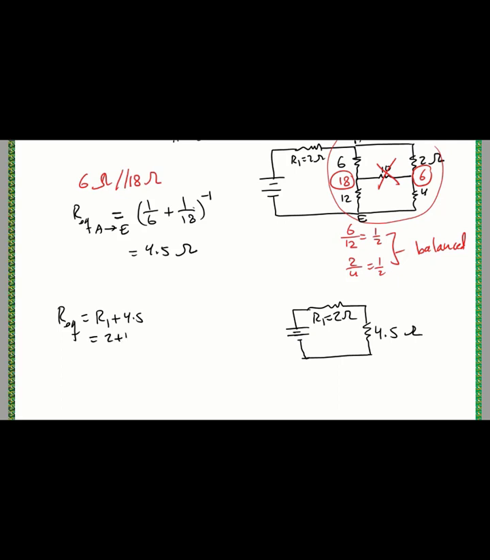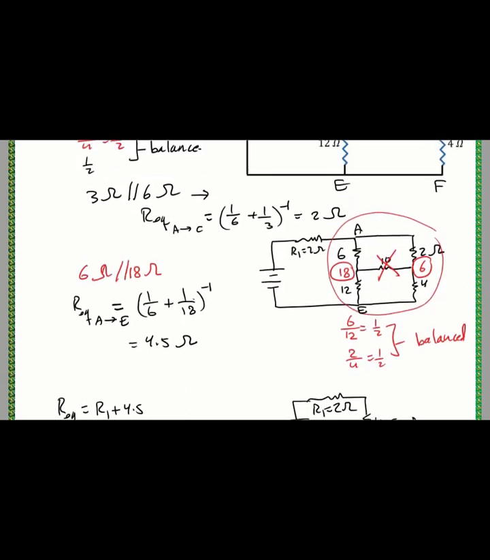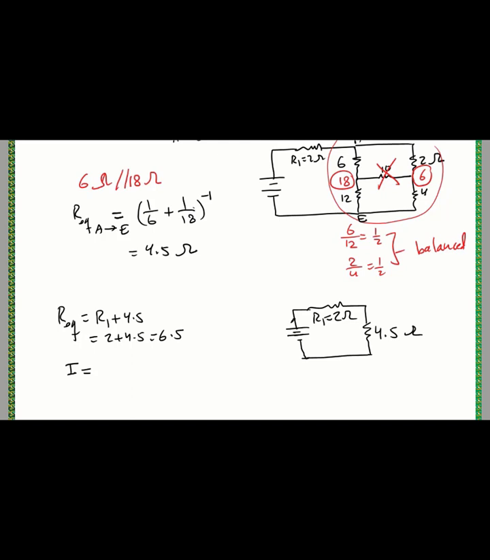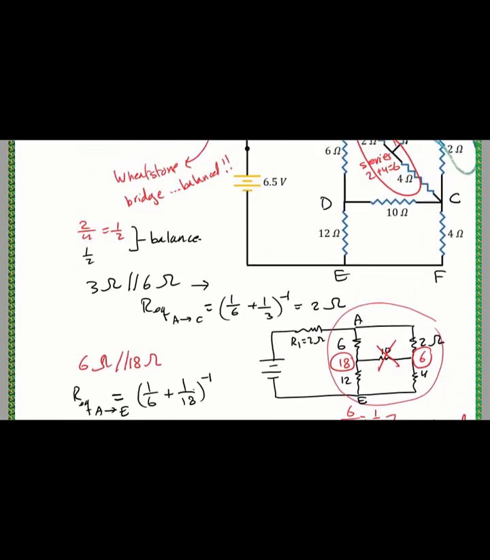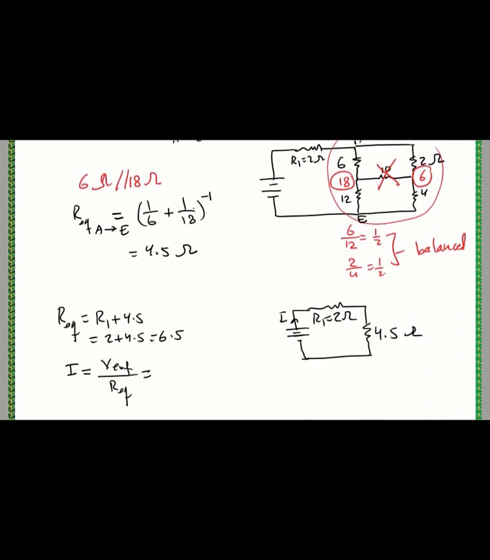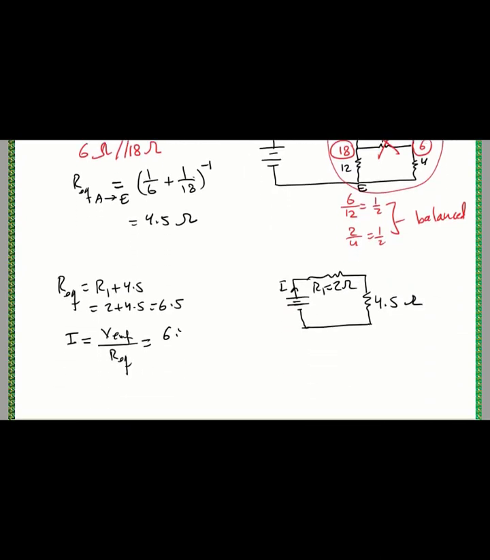It is 2 plus 4.5. It is 6.5. Now the current is EMF over R equivalent. The electromotive force is 6.5 over 6.5. The answer is 1 ampere.